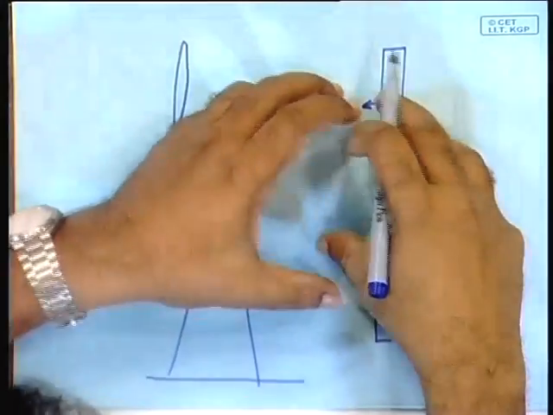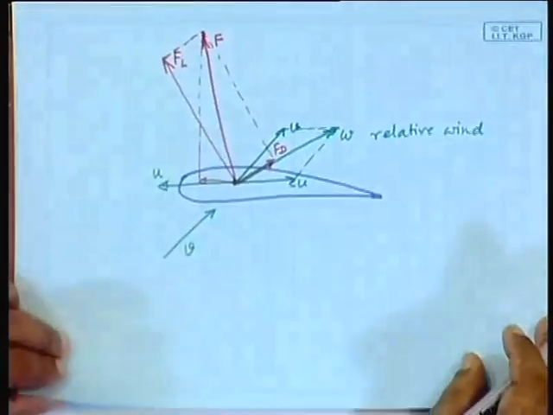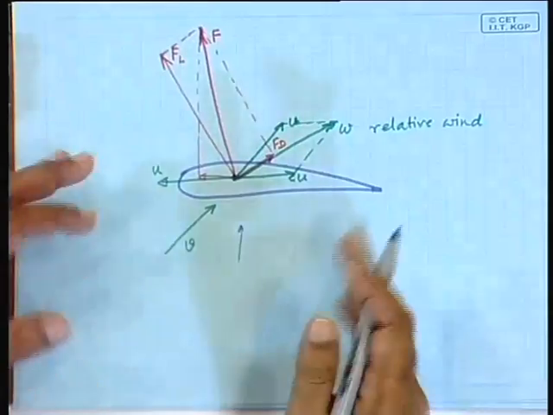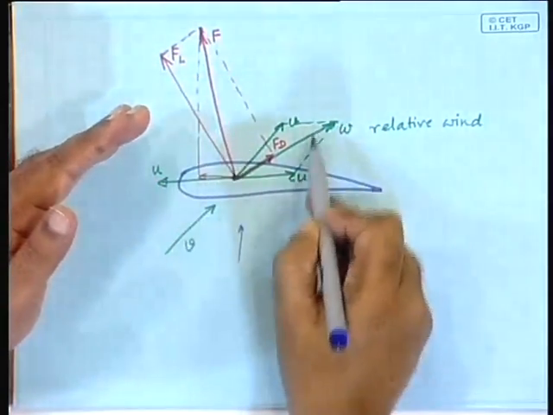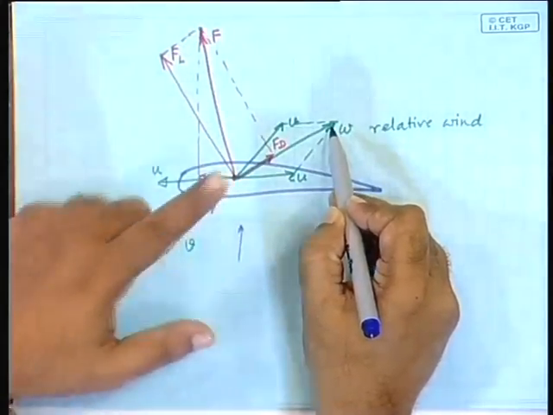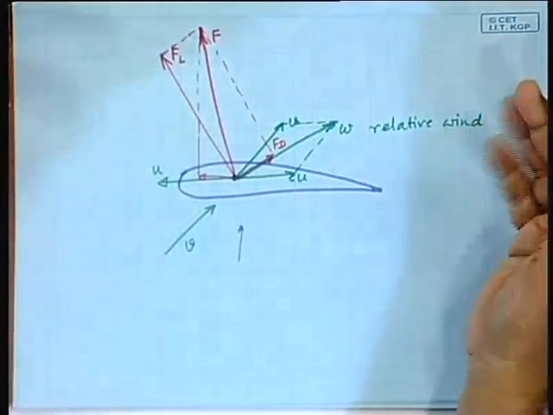So, wind is coming, this fellow is rotating like that, and obviously in this case wind will be coming like that. There will be again a parallelogram creating this relative wind, but in that case you will not need to draw a parallelogram, it will suffice to draw a rectangle because they are orthogonal.